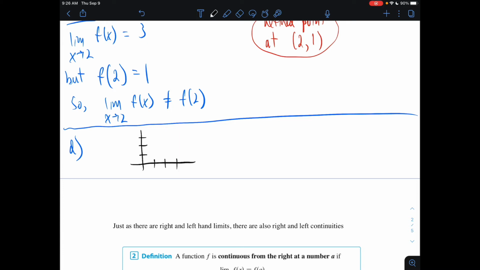It's just a series of steps. Essentially, it's related to what's called the greatest integer function. But essentially, you have a filled-in dot on one side and then an open circle on the other. So here we've got discontinuities at every single integer value.